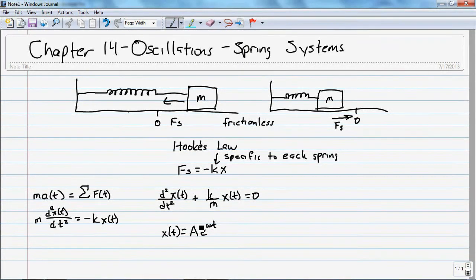And when we put this into our differential equation, we can take the double derivative, second order derivative. That's going to be A omega squared e to the omega t, and then just write the rest of it here.